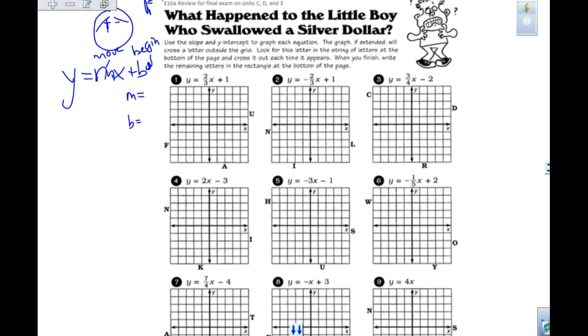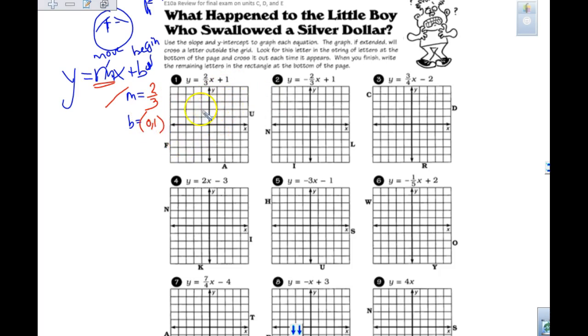So if I am starting the first graph, I'm going to look at this equation in this form. And I notice, Patrick, that my m is what? 2/3. Now, 2/3 is positive, so I know the line has to go up to the right, so I'm going to draw an arrow up to the right by that. My beginning point, Caitlin, if I'm looking at it, is where? What's my b? 1. And that's actually, please write down the ordered pair, (0, 1).